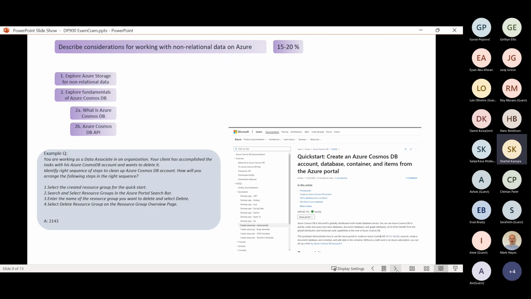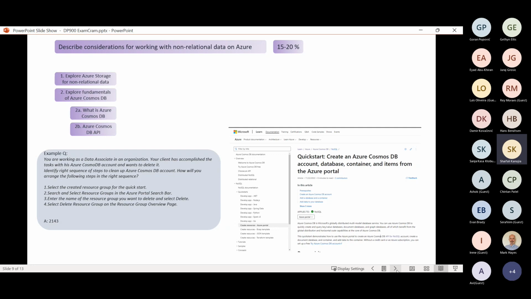Then moving forward, I have taken another module, which is how to work with non-relational data in Azure. Though it has a weightage of just 15 to 20%, I wanted to explain a few things about how you should approach this exam and what other resources would be required, because the learning path alone will not be enough.